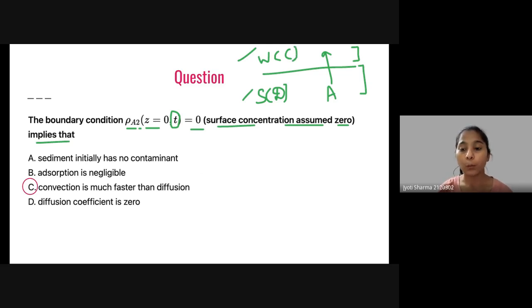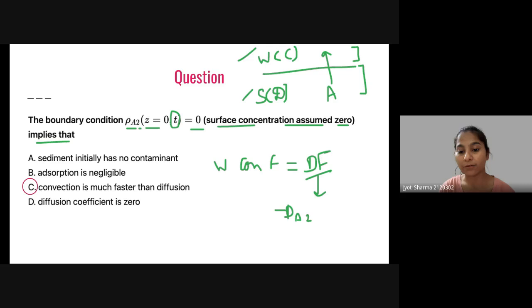So now I'm writing this part. This is your water side flux or your convective flux. Your convective flux is equal to your diffusive flux, right?